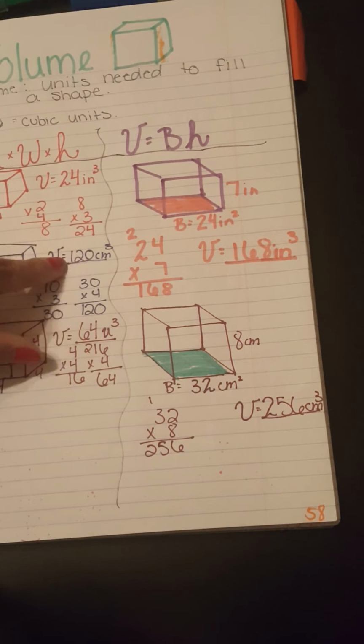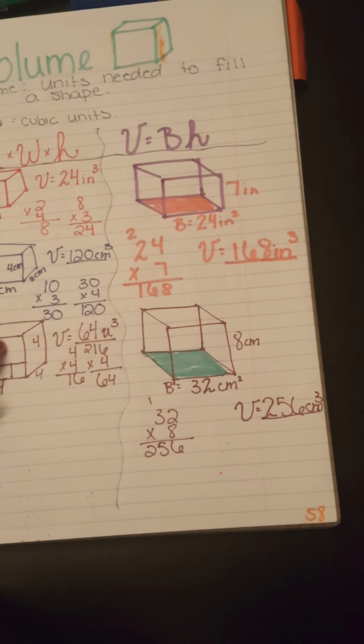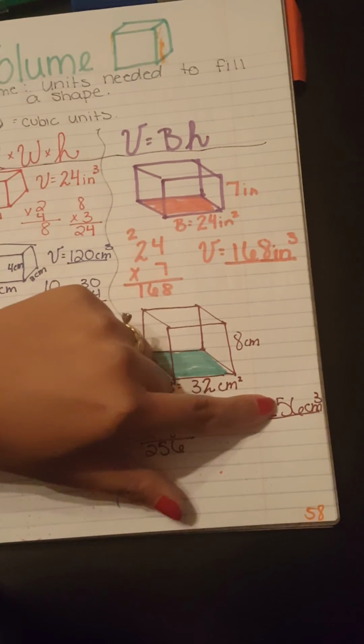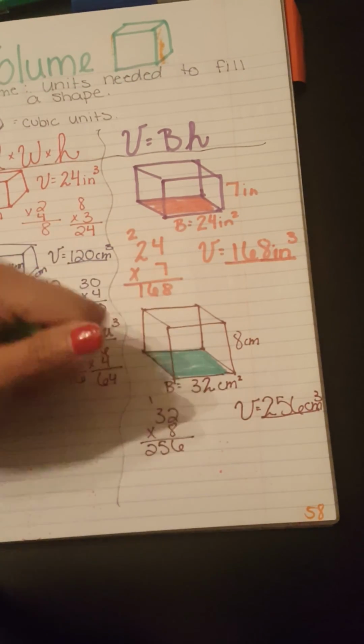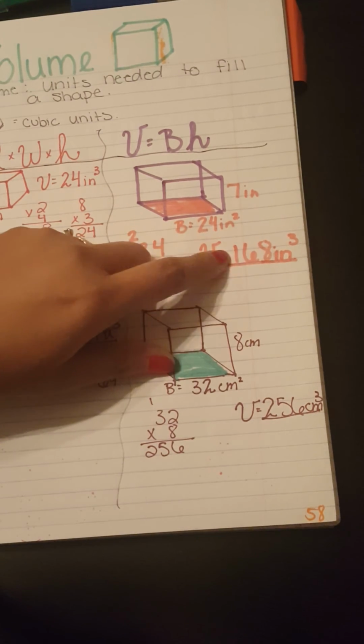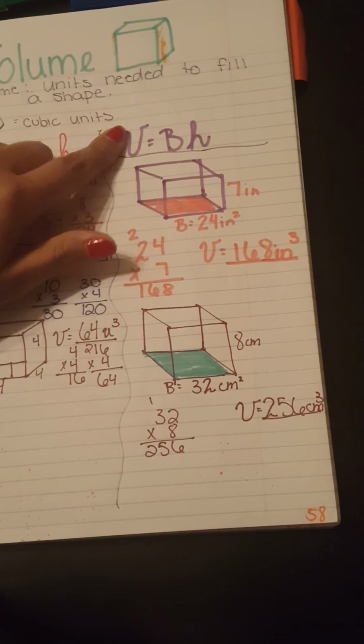For this one, 120 of these would have filled up the box. For this one, 64 of these would have filled up the box. For this one, 156 would have filled up, so we would have needed 156 of these. And for this one, we would have needed 168. So volume is measured in cubic units.